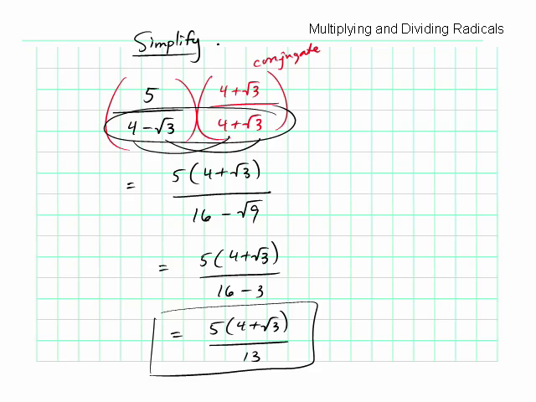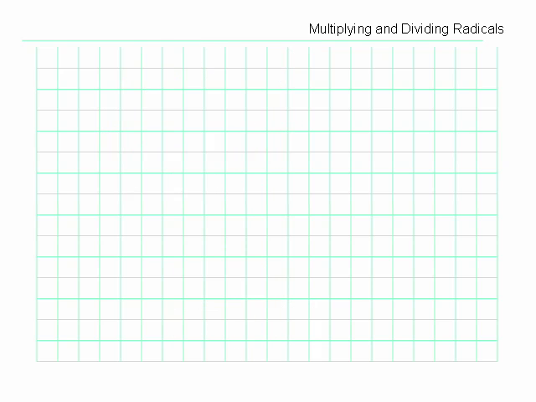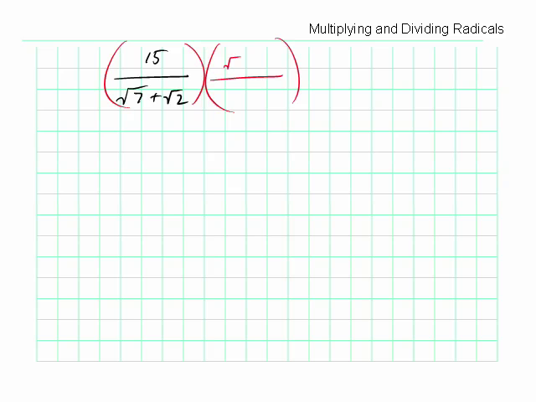Okay, let's look at a couple more of these. 15 over square root 7 plus square root 2. Once again, I'm going to multiply by the conjugate. So that's going to be square root 7 minus square root 2 over square root 7 minus square root 2. In the numerator, we get 15 times square root 7 minus square root 2. In the denominator, we have our difference of squares pattern.